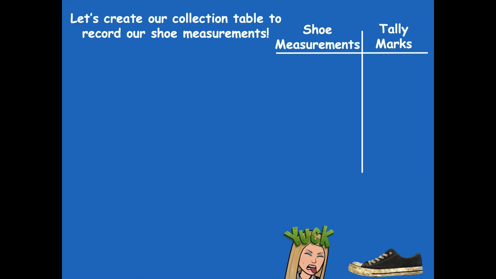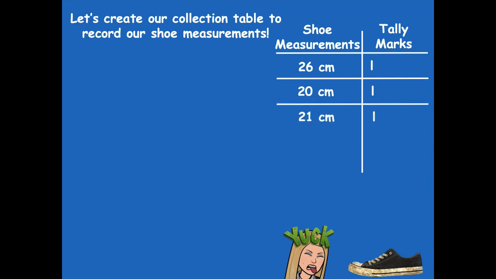All right, friends. Whew. Sorry, I paused the video and measured as quick as I could. So I'm going to show you. 26 centimeters was one shoe. One person had that. Then another measurement as I measured through was 20 centimeters, and one person had that. Another shoe I measured was 21 centimeters, so I'm going to mark it with a tally.